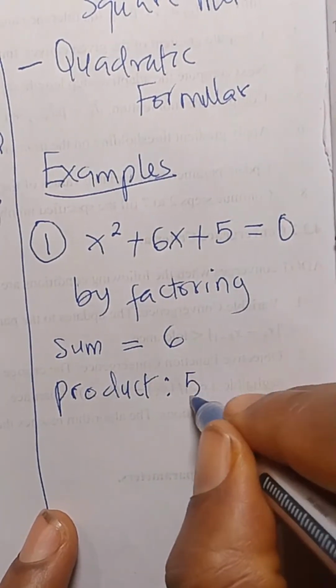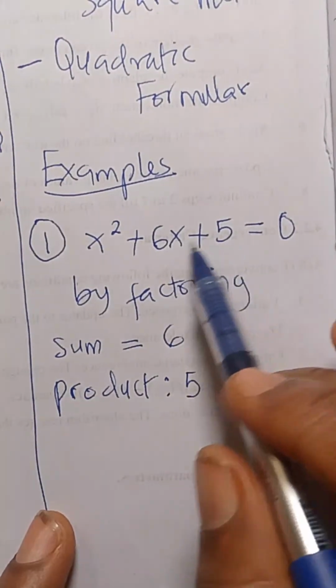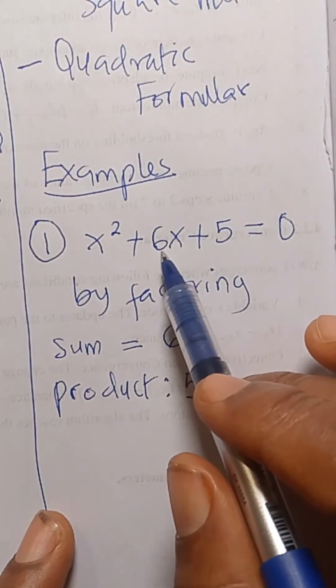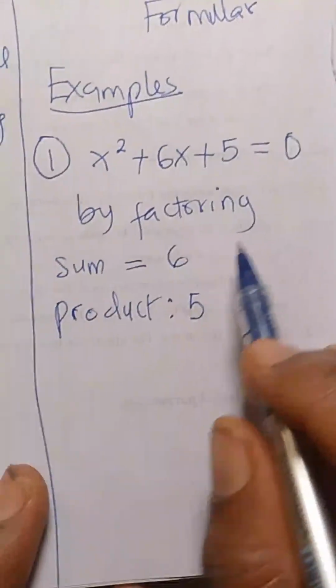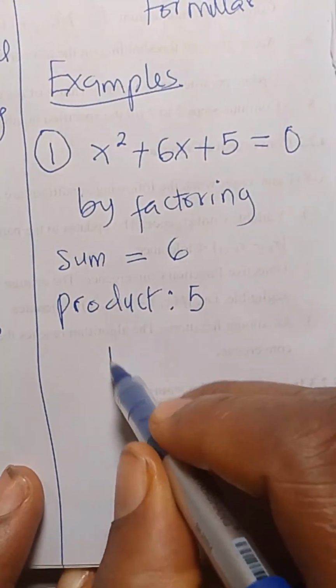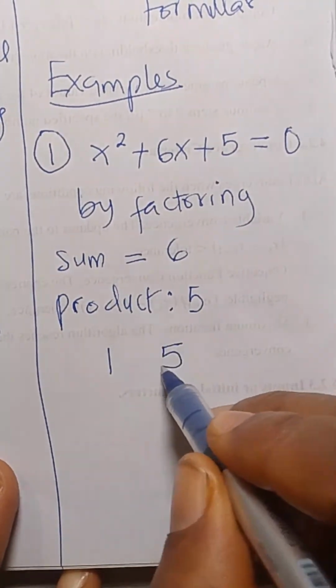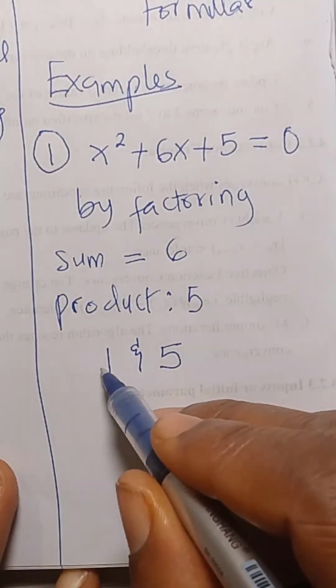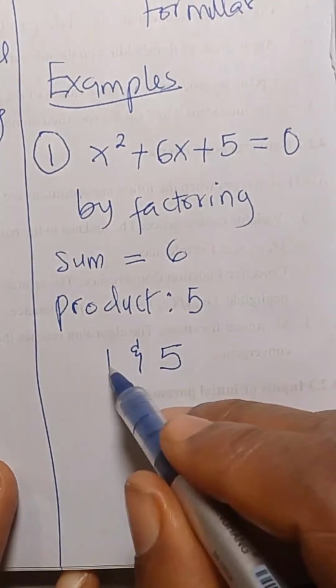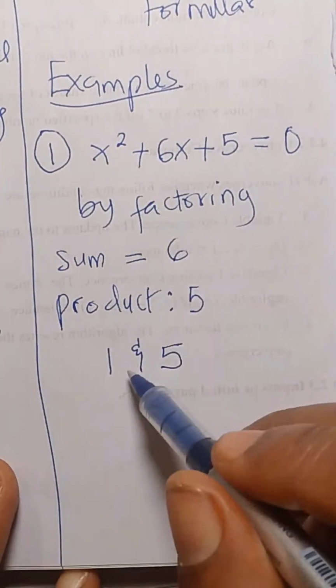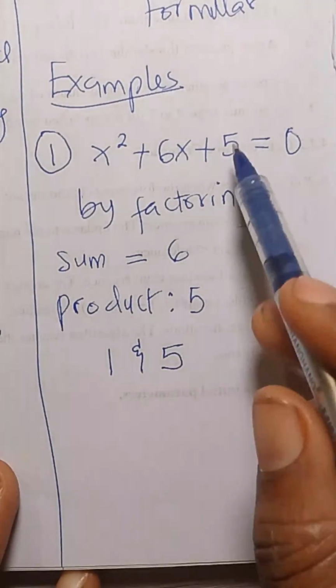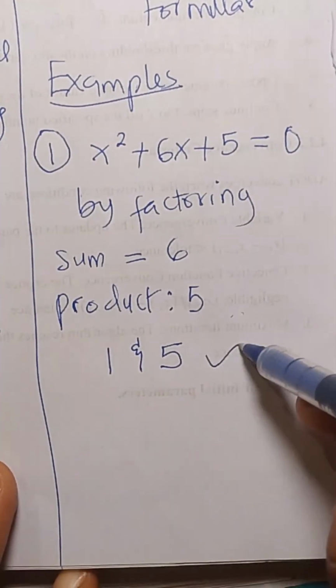We are looking for 2 numbers: when we add, we get 6, when we multiply, we get 5. If we do 1 plus 5, it gives us 6. If we do 1 multiplied by 5, it gives us 5. So this is okay.